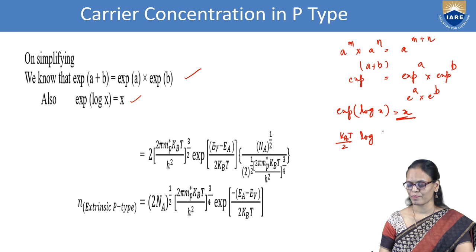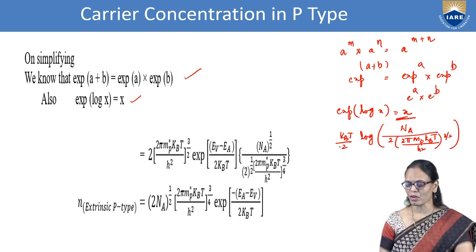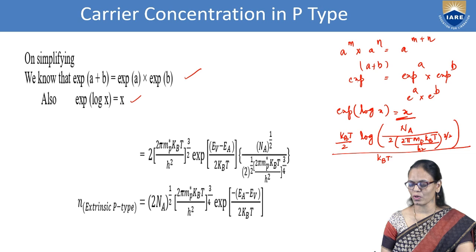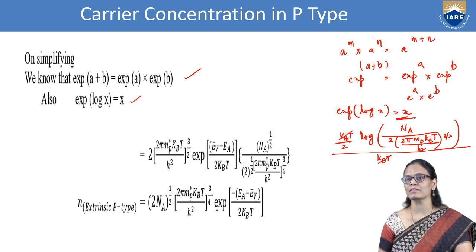log Na by 2 into 2 pi mp kBt by h square power 3 by 2. This is what we have. Now for this we also have a denominator kBt, so kBt will get cancelled.